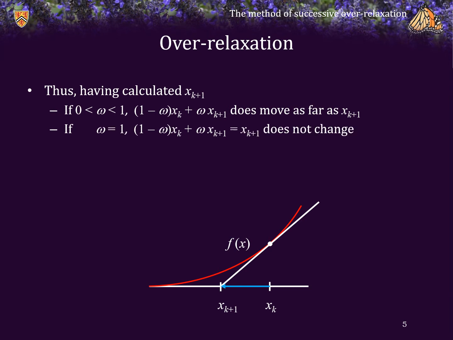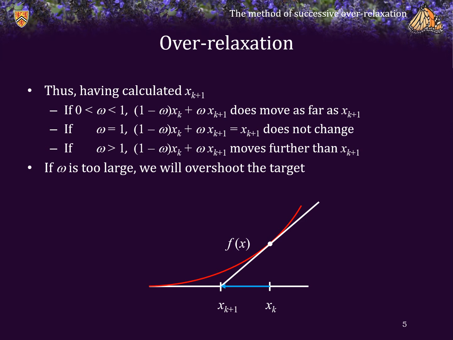If you just let omega equal 1, then you have your original algorithm back. Your next approximation simply is x_{k+1}. If, however, you choose a value of omega greater than 1, then this over-relaxation technique moves you further in the direction of x_{k+1}.